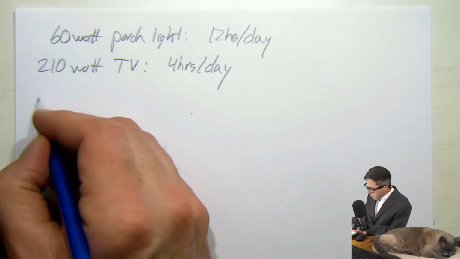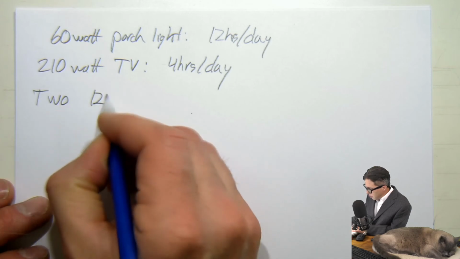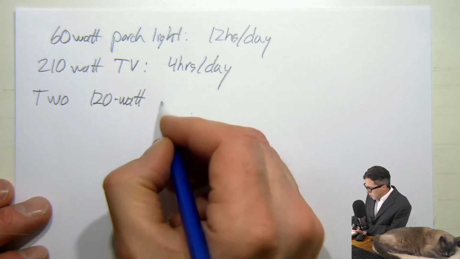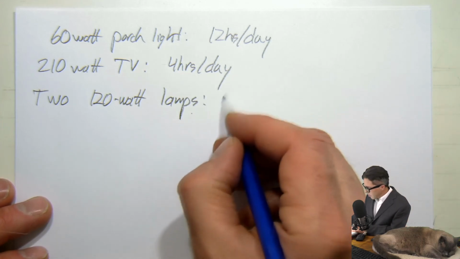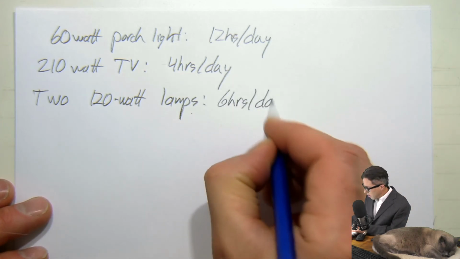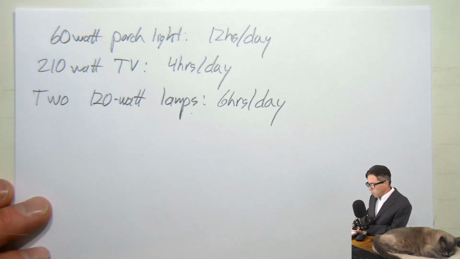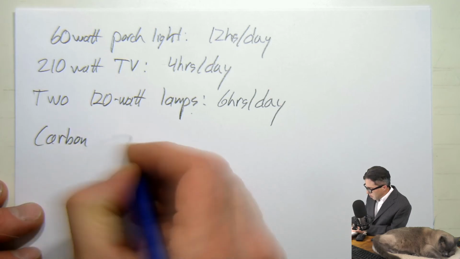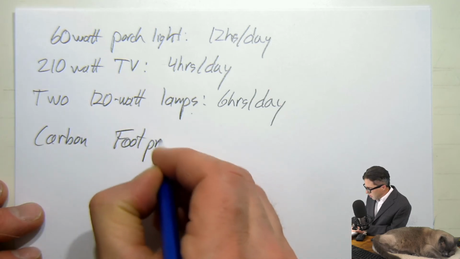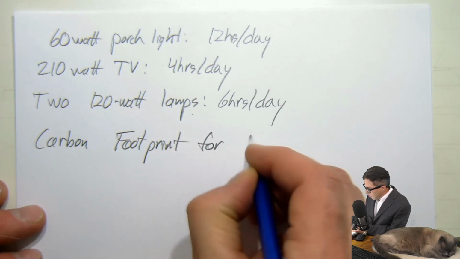Inside, I have 2 120 watt lamps. They are on for 6 hours a day. What is my carbon footprint for the year.